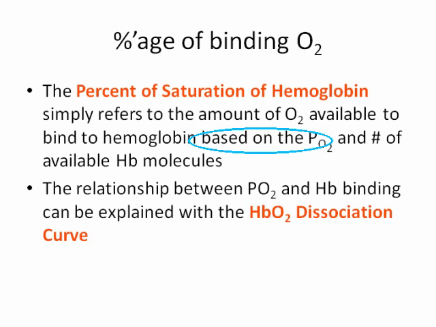That's what is going to determine who binds to whom and what percentage. There is a relationship between the partial pressure of oxygen and the hemoglobin binding, and we can look at this graphically. It is what we refer to as the oxyhemoglobin dissociation curve.